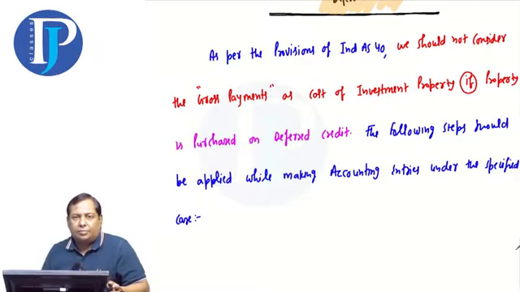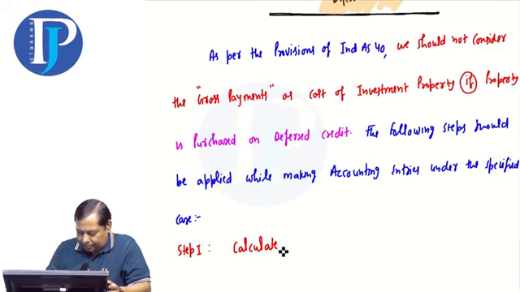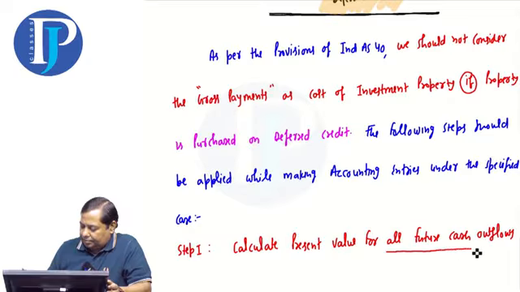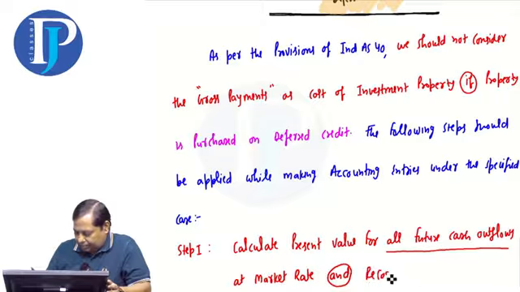Please note down these steps carefully. These are very important steps. The first step: calculate the present value of all future cash outflows at the market rate, and recognize it as the cost of investment property.